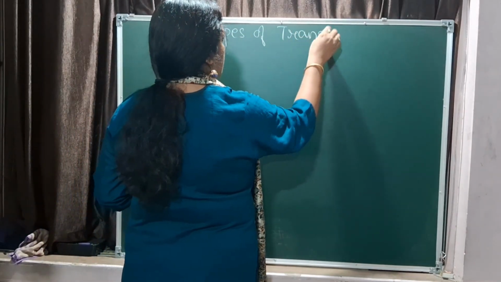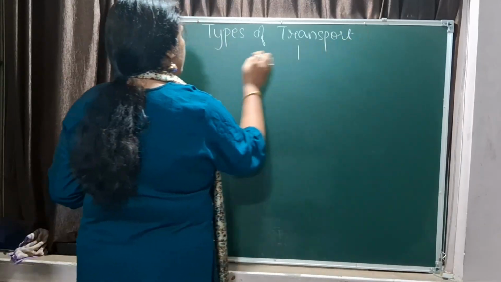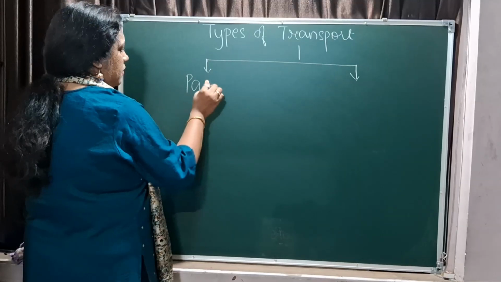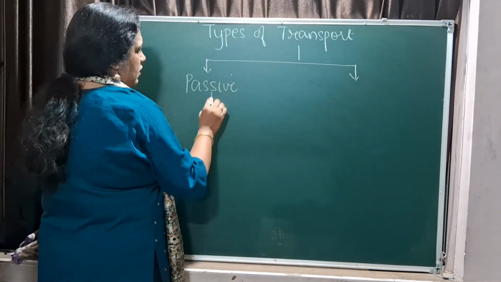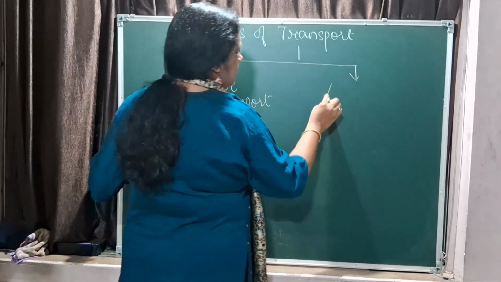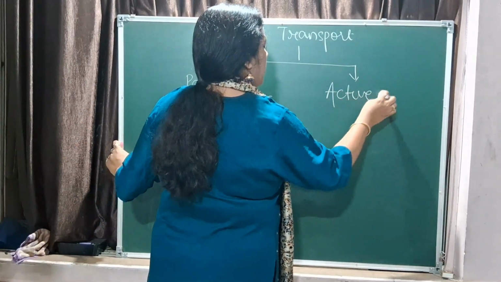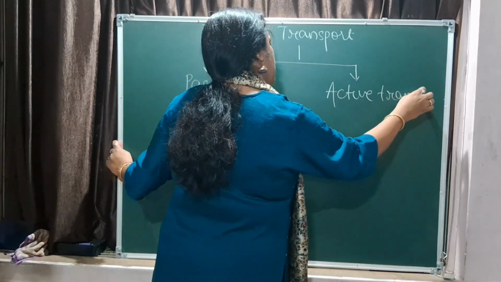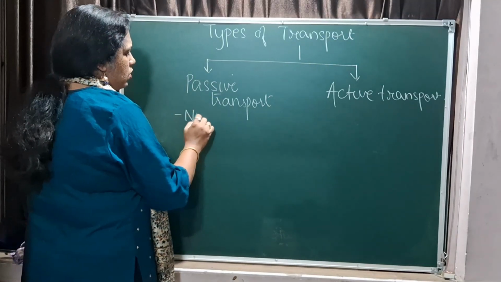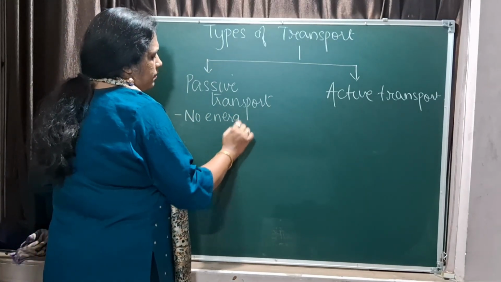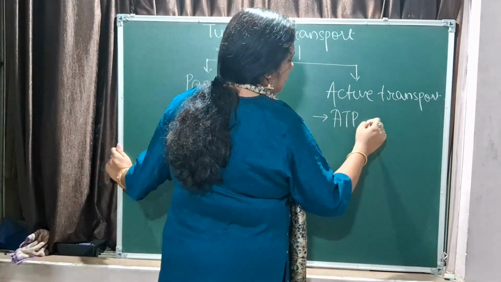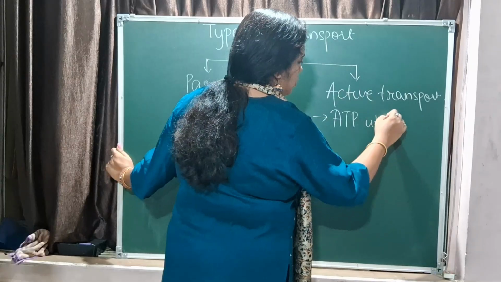Now when we talk about transport, the broad classification has 2 types. One is passive transport and the other one is active transport. In passive transport, there is no energy involved, and in active transport ATP is utilized.